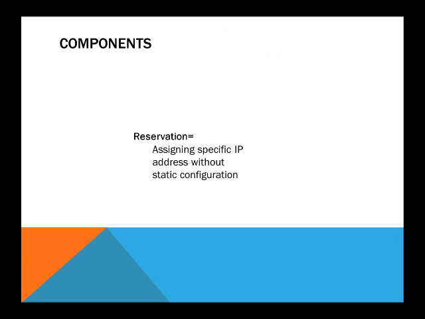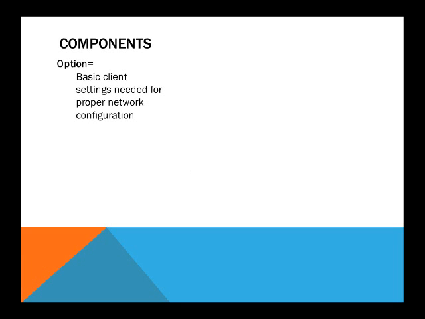Your reservation is where you assign a specific IP address without static configuration. DHCP will take the MAC address of the client and will store it, and every time that MAC address asks for an IP address, it gives the same one. Next is options.